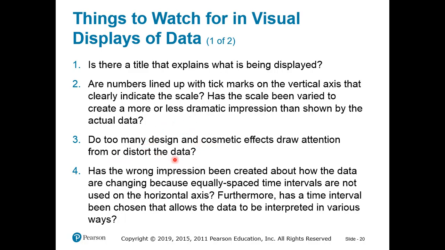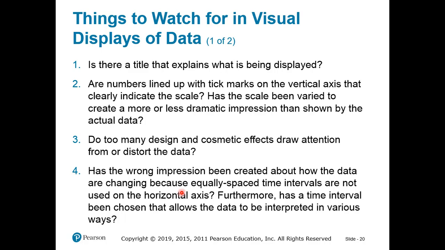So again, too many bells and whistles on the graph. Has the wrong impression been created about how the data are changing because equally spaced time intervals are not used on the horizontal axis? So that's used a lot when you're talking about time series data. So you have time on the x-axis.